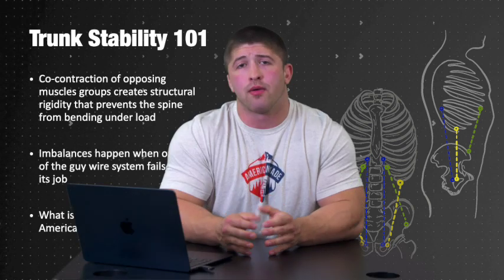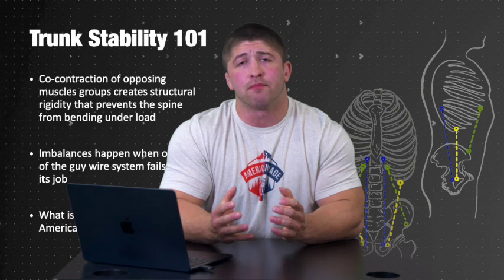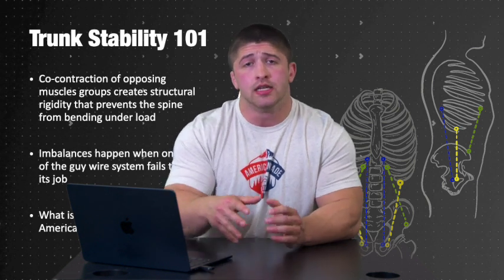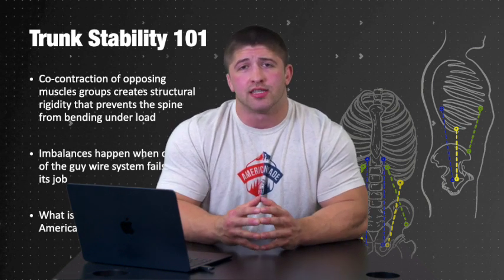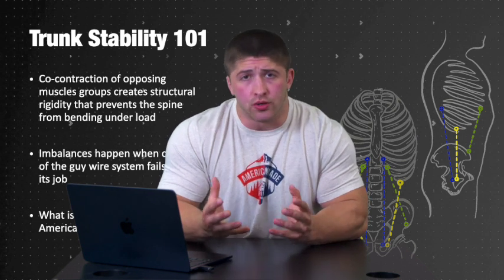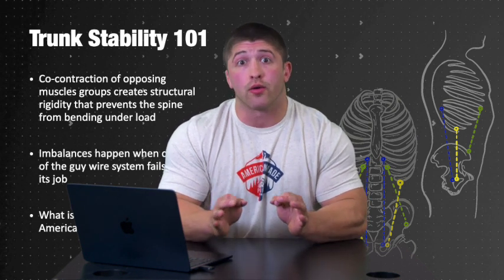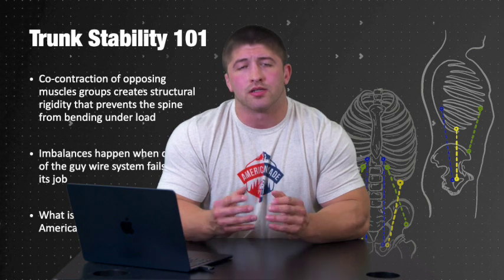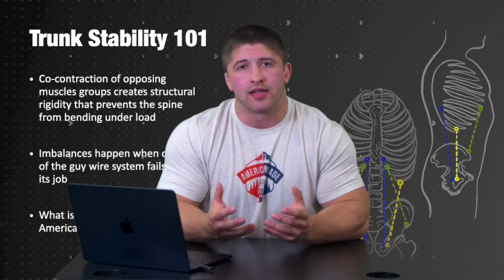Now, in a little bit, we're going to talk about very specific imbalances within people's ability to create that 360 stability, the most common of which is a lack of ability to utilize the posterior portion of the trunk. This is very, very common. And I'm going to talk about later some testing methods to assess this.